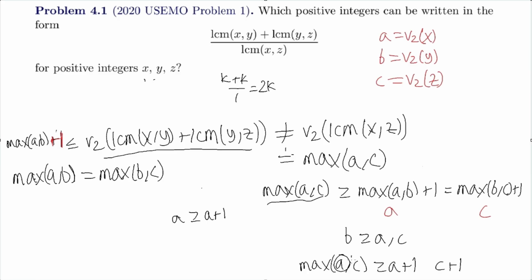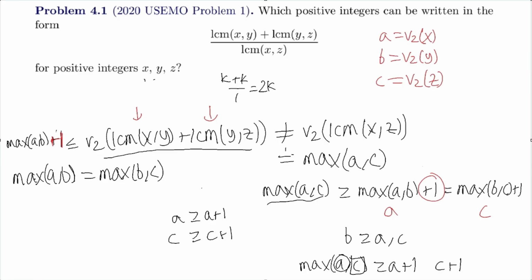And if this maximum here is C, then this means C is greater than or equal to C plus 1, and that is bad as well. Therefore, in all cases, by using this plus 1 over here that's unique to nu2, we arrived at a contradiction, both in the case where the nu2 of this was the same as this one here, or in the case where they were different.